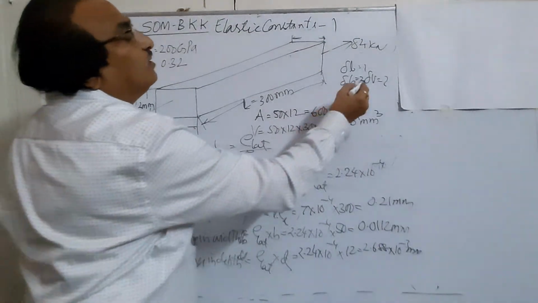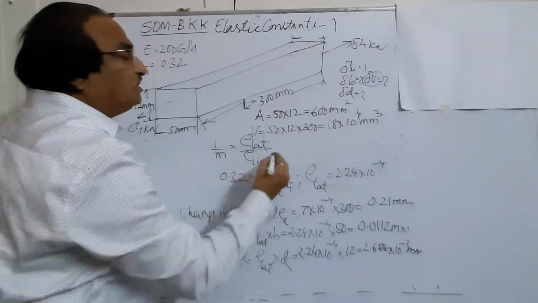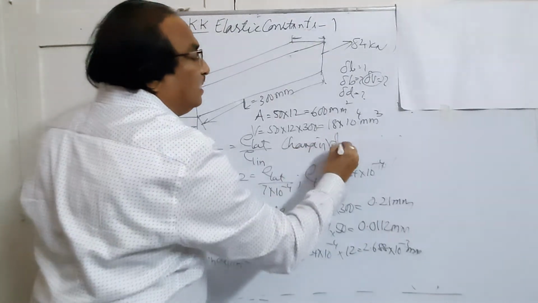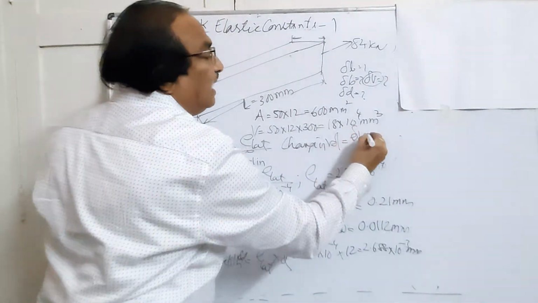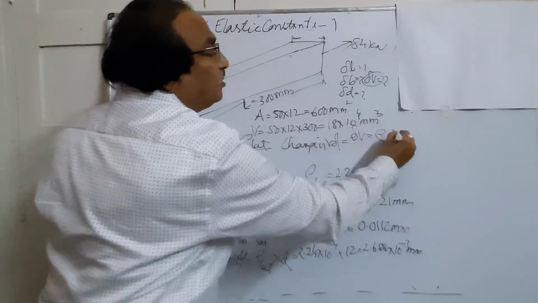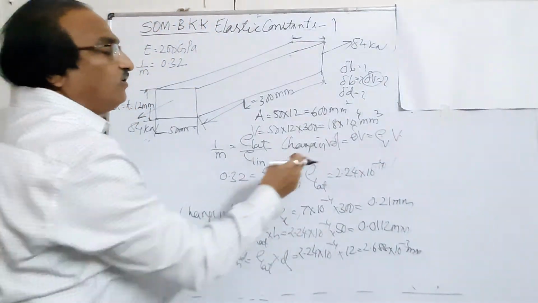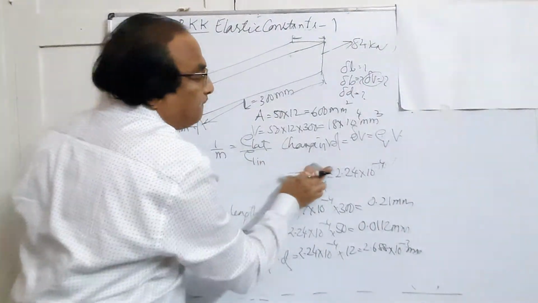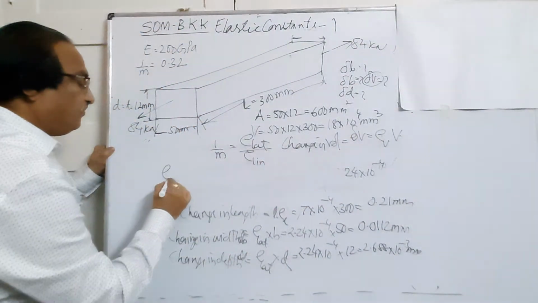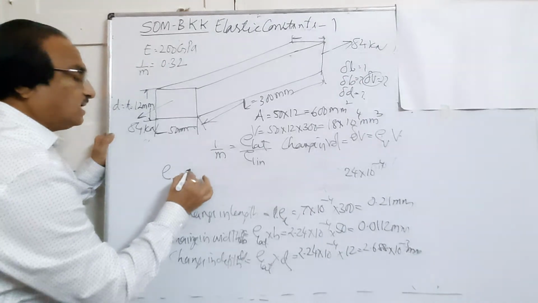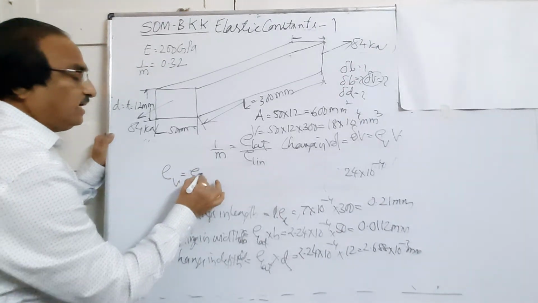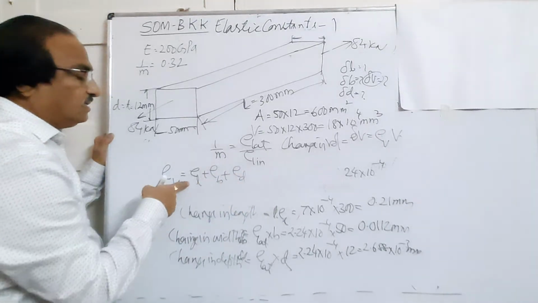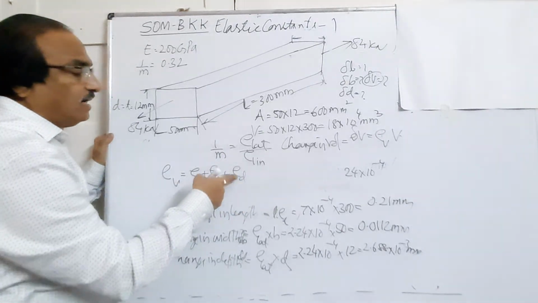You have been asked to find out the change in volume. Change in volume is given by delta V, and this is given by volumetric strain into original volume. We will find out what is the volumetric strain here. We have seen for a rectangular member, volumetric strain is given by strain in L, strain in B and strain in D. That is linear, lateral and lateral.